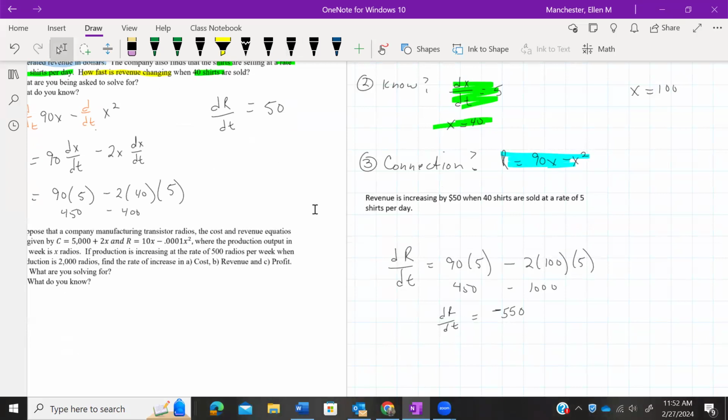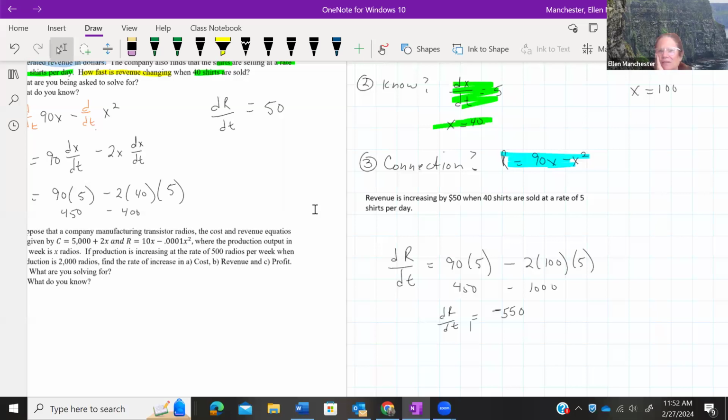You're losing money every time, not just selling them. Every time you sell them, you lose money. It's just like how much it costs you. Okay, but why? I have more shirts. Shouldn't I make more money? They're being sold at a higher price. Okay, they could be sold at a higher price, or maybe I'm not selling them for enough.